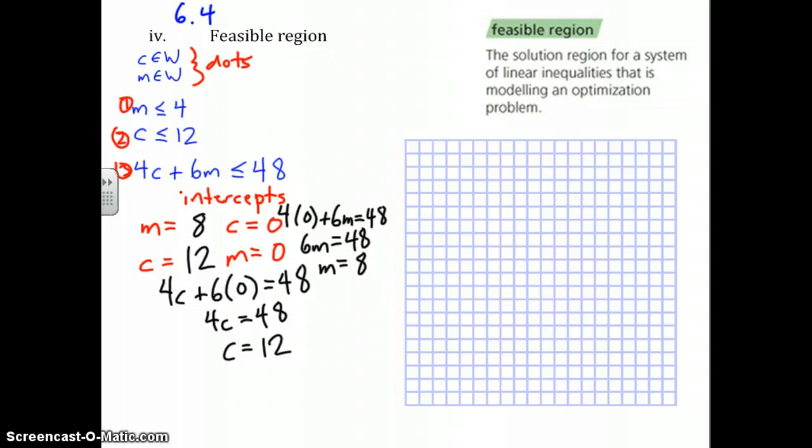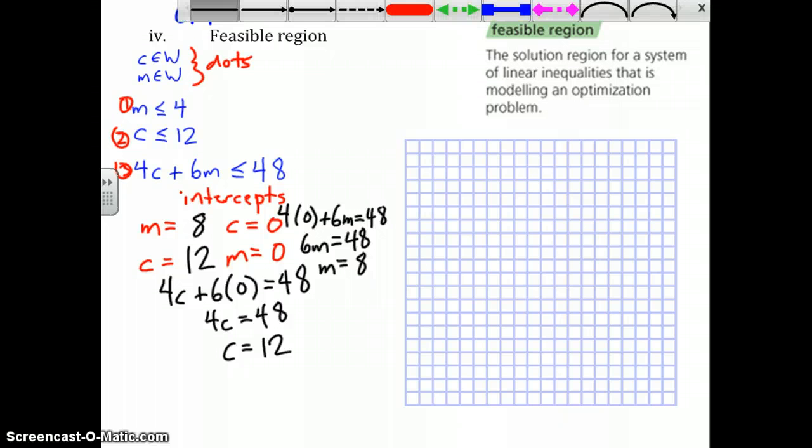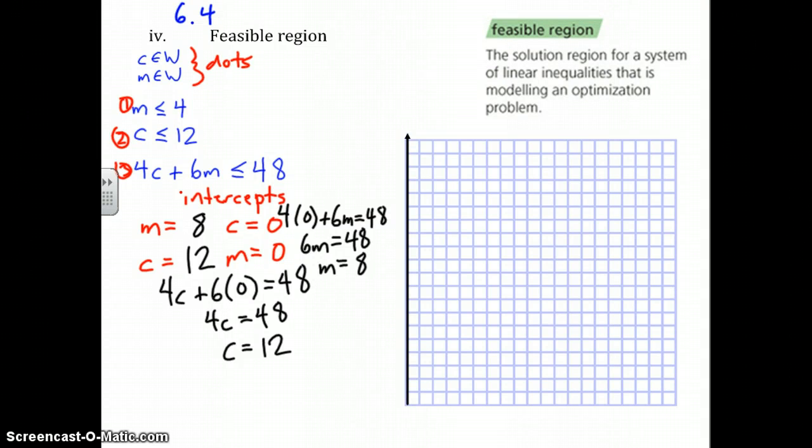Since they're whole numbers, we're just going to use the positive quadrant, quadrant number 1. We can put our lines along there and label our axes. In this case they are C and M. It doesn't really matter which one we put where, so I'll put my M here, my C here.